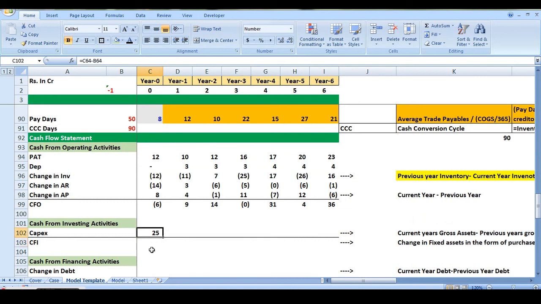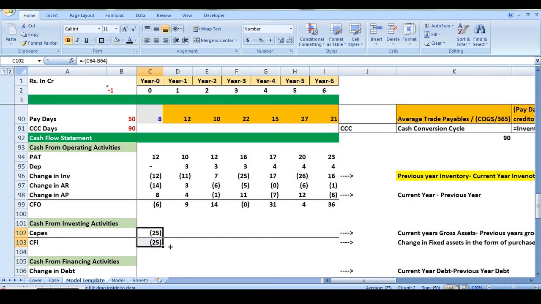But if we say 25 is my cash from investing activities, this is actually an outflow. So to make it negative, in the formula bar we give a negative sign to the equation created, not to the first value only, remember, but to the equation created. In this case there is only one component for cash from investing activities, so that becomes my cash from investing activities, though it is negative.